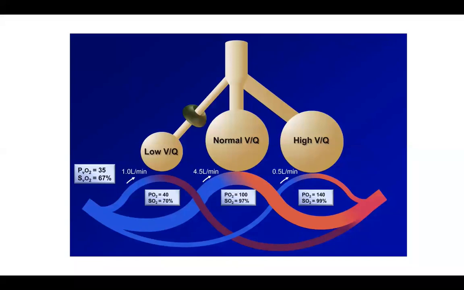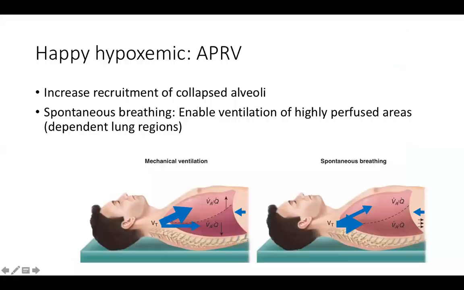The other advantage, on the next slide, is that we can enable the patient to be spontaneously breathing. When he does that, he's going to work his diaphragm and ventilate the dependent areas of the lung. And as we know, the dependent areas of the lungs are the most perfused ones, so you're going to be able to fix the VQ mismatch.